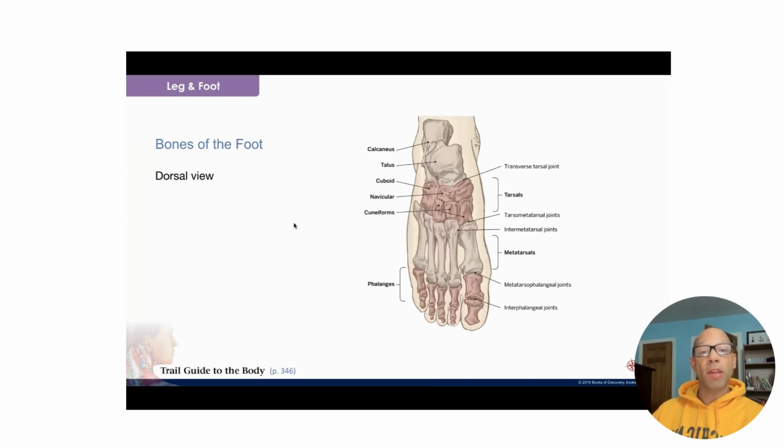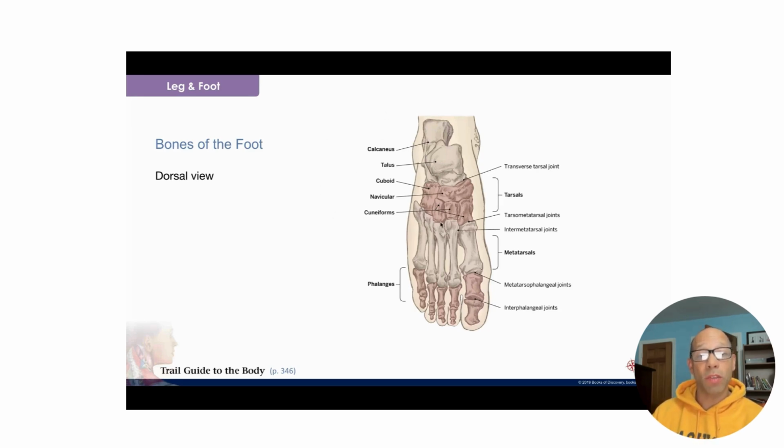All right, and then you go down to the bones of the feet. Now, if we remember the hands, we had carpals forming the wrist bones, and then we had metacarpals forming all the bones in the hand here, and then we had phalanges at the end. So we had carpals, metacarpals, phalanges. Now in here we have tarsals, metatarsals, and phalanges.